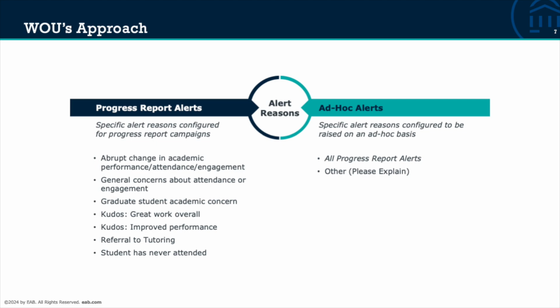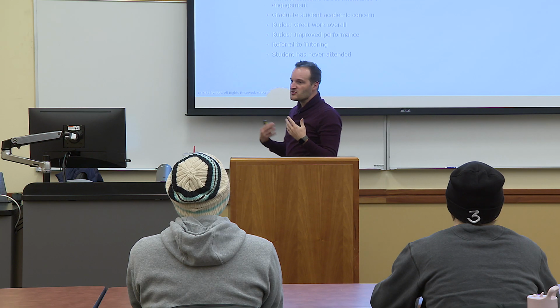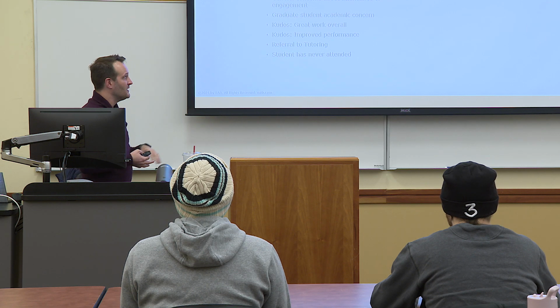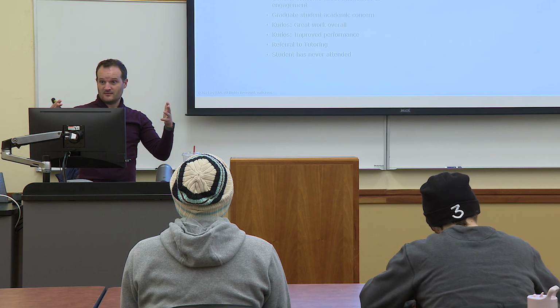Now, again, we talked about progress reports being one mechanism versus ad hoc being the other. All of your progress report alerts are also available to be raised on an ad hoc basis, but we only have one other ad hoc alert, which is just an other type of alert. So something to think about and have conversations around is, does this feel right?